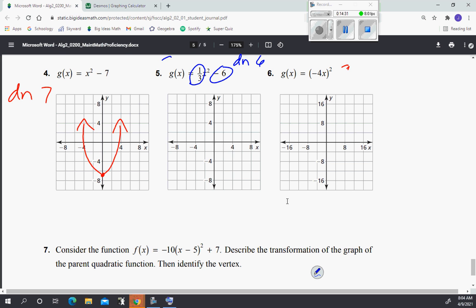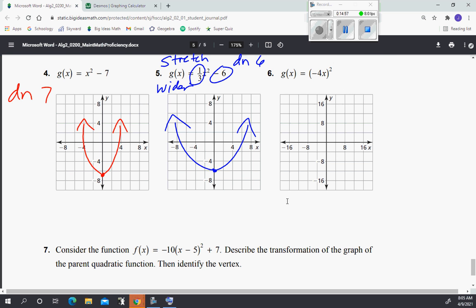It's a vertical stretch. Vertical stretch, which makes it wider. So go down negative 6, and it makes it wider. So just make sure you do something like that.